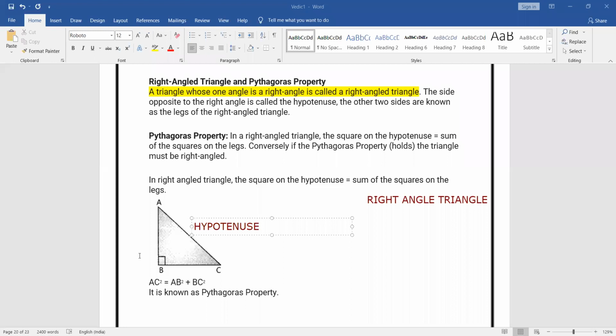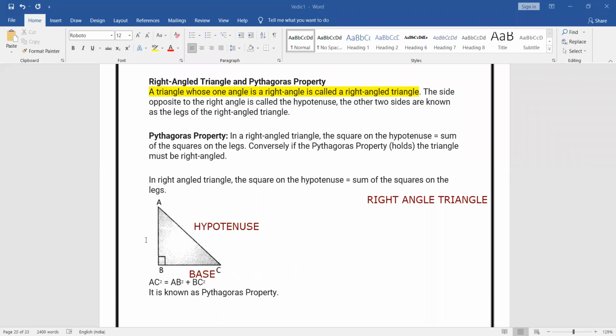Next, the other two sides are known as the legs of the right angle triangle. These two sides, AB and BC, are known as legs, or arms. This base BC, we can say it as base.